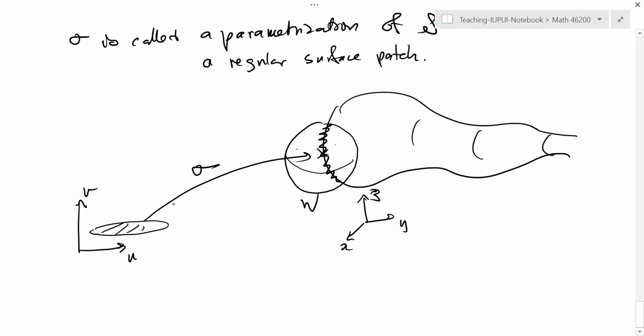Then in order to study a surface, all you have to do is use those special regular surface patches. There may be multiple choices for surface patches.